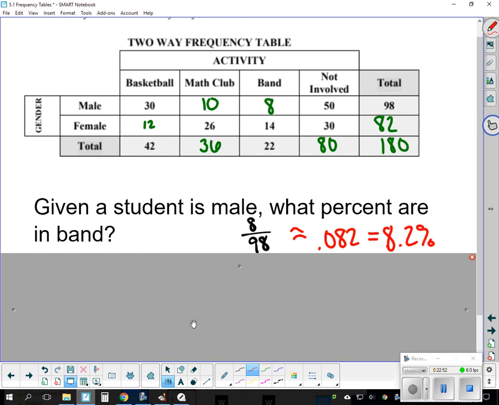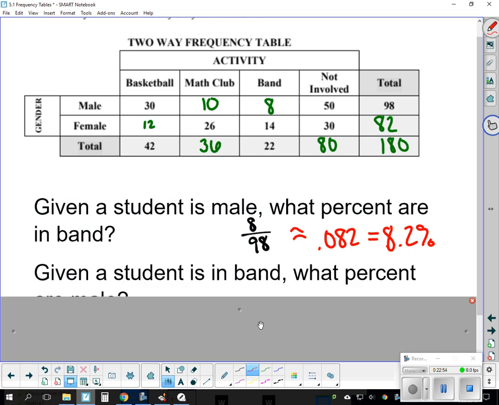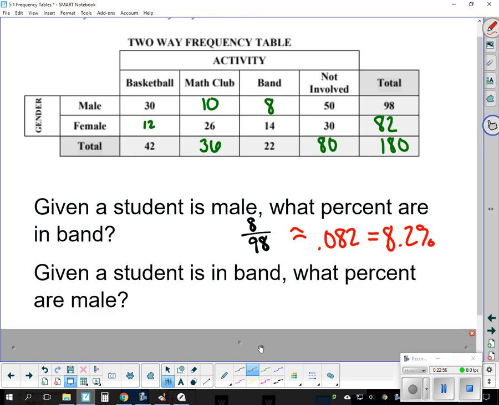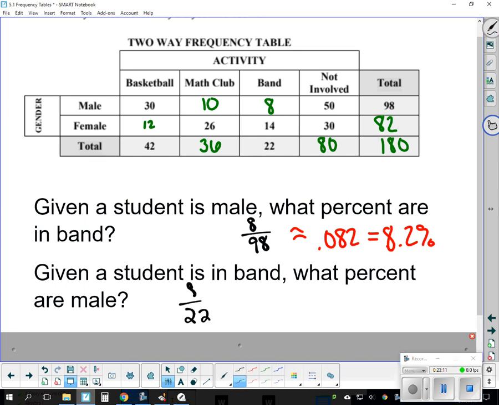Now, kind of compare that to this question. Given a student is in band, so that is our total. Okay, so now you're given that the student is in band, so we're going with 22 as the total. What percent are male? It's still 8. We're still working in the same box, but again, it's all about which one you're dividing by.